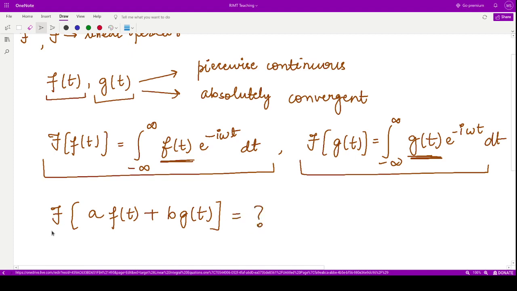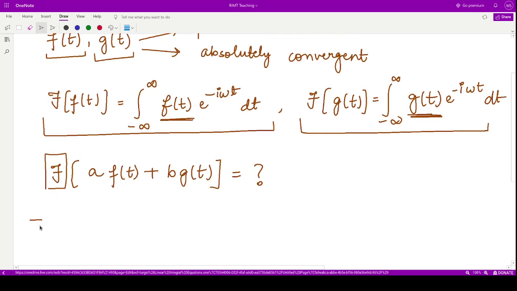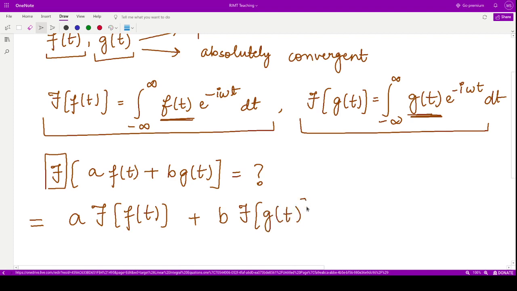Because the Fourier transform, according to the linearity property, is a linear operator, we can write this as a times the Fourier transform of f of t plus b times the Fourier transform of g of t. So this is what the linearity property tells you: you can separate out these terms and take the scalar coefficients a and b outside. This is our linearity property.